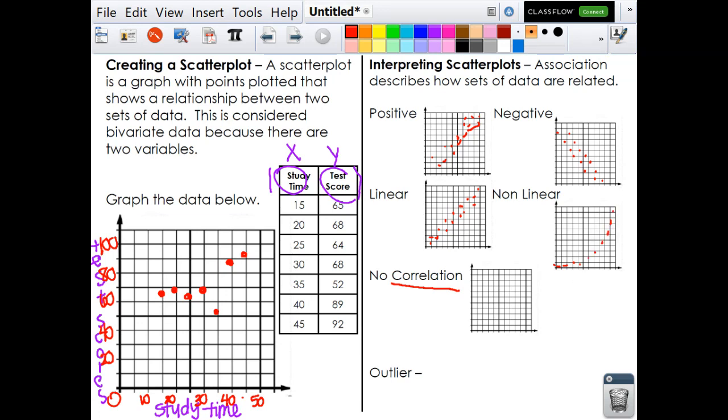See how this is curved? That would be nonlinear. And then we have no correlation. Dots everywhere.